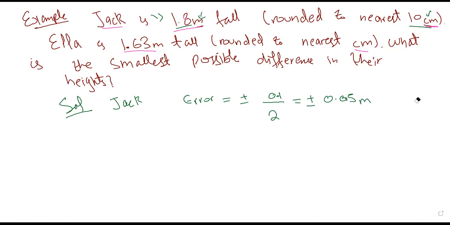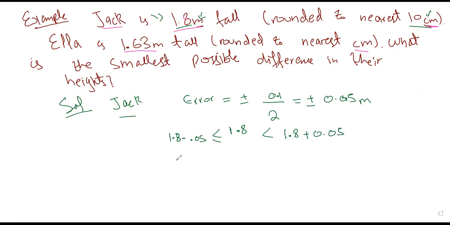Okay, next, let's find the range for Jack. So it would be 1.8 minus 0.05 less than or equal to 1.8 less than 1.8 plus 0.05.